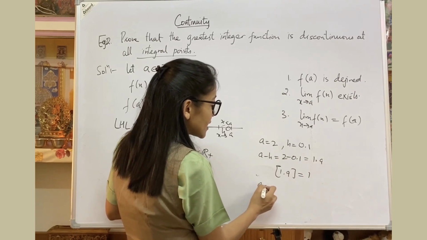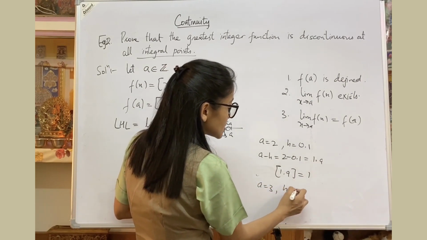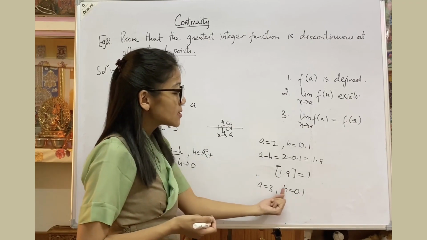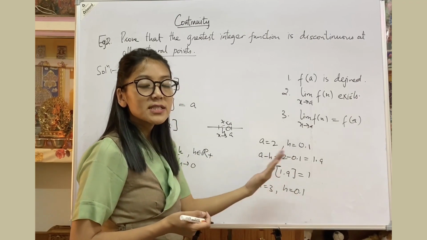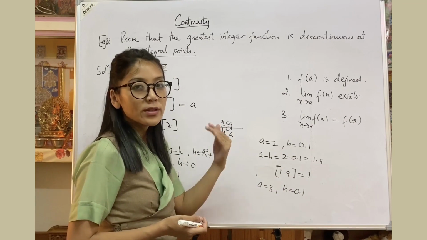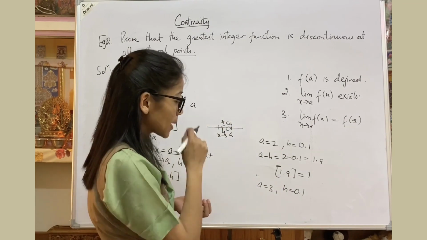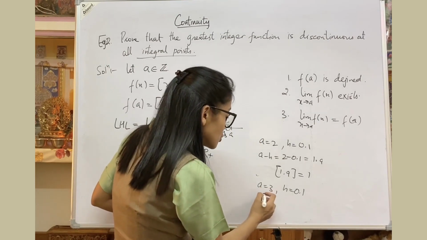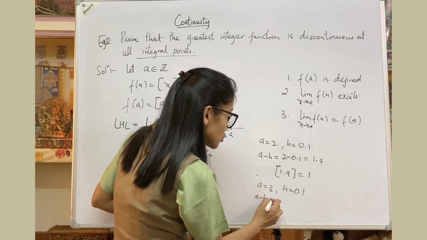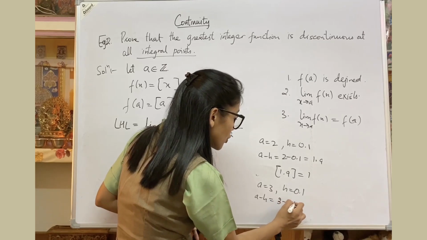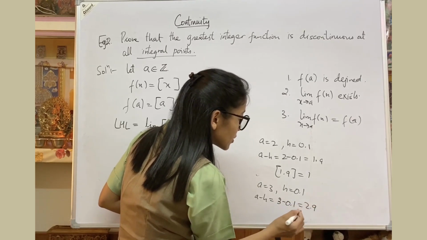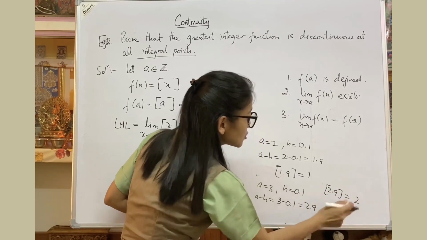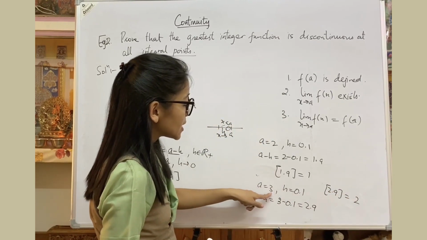Similarly, if I take a equal to 3 and h equal to 0.1, some small positive real number, not necessarily 0.1, you can take 0.01, 0.2, 0.3, any positive real number, but it should be close enough to a. Then a minus h is 3 minus 0.1, which is 2.9, and the greatest integer function of 2.9 is 2.